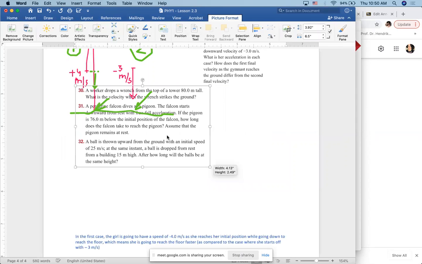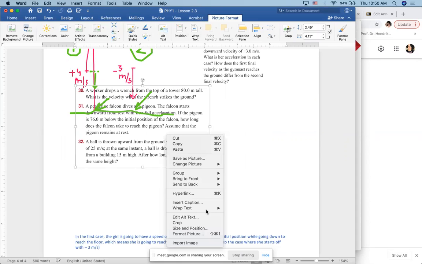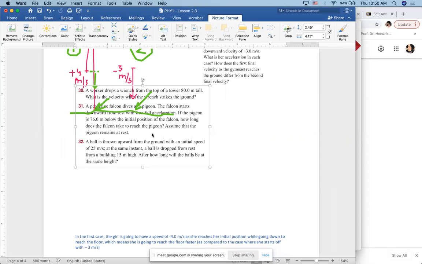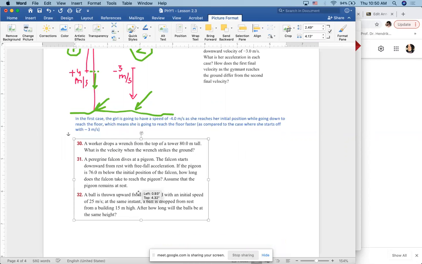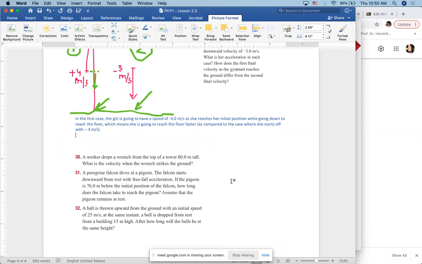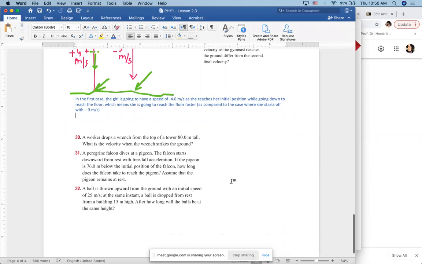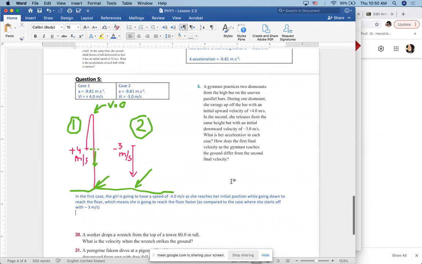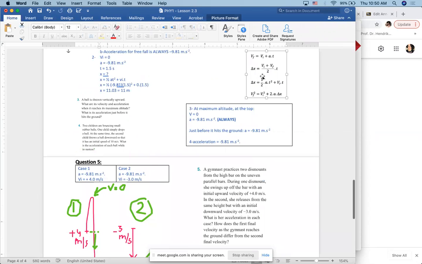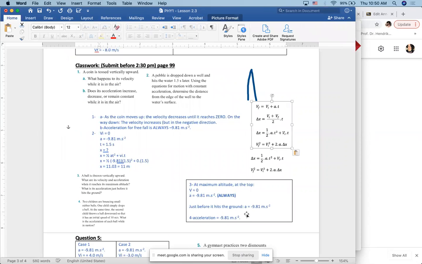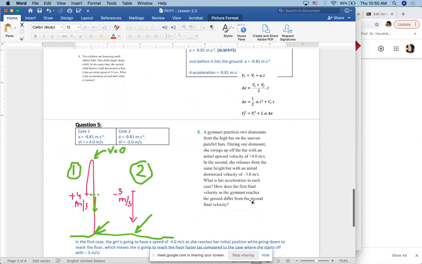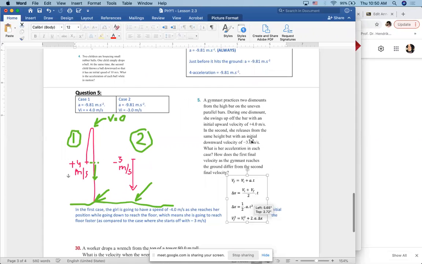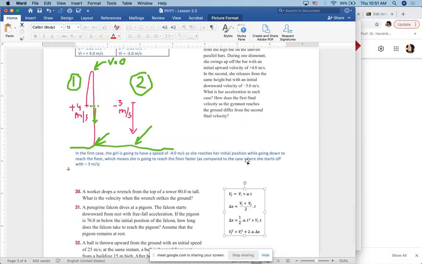Very important. Let me fix it so you can take a screenshot. This. Please take a screenshot. This is what you are required to do. Also, I'm gonna take those with me so you can have a copy next to you. This. So you can use it.